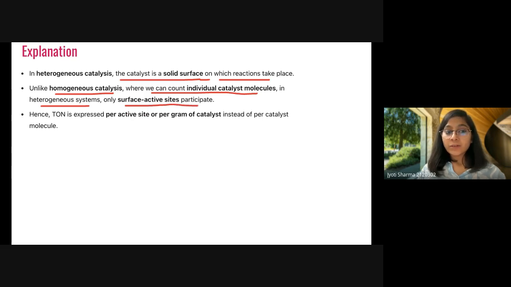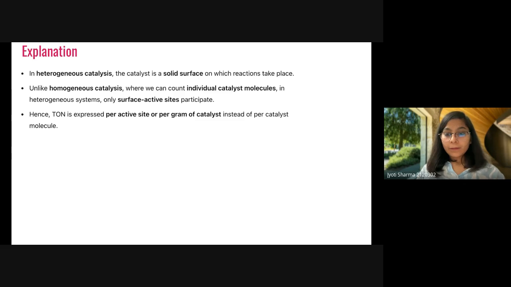And that's why it is very difficult for us to calculate the TON. We already talked about what TON means. This is a kind of efficiency of the catalyst, how many molecules will be converted to product per molecule of the catalyst. Okay, so this is TON. So based on that, B is the right answer.